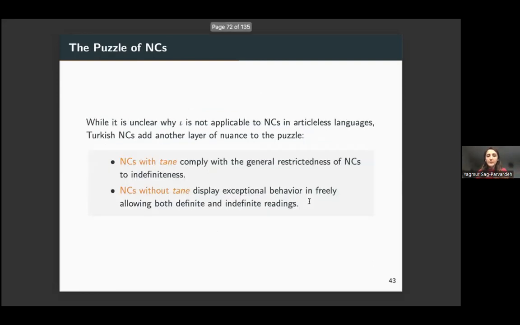So the point is that iota type shifting is not available to numeral constructions in articleless languages, although you expect it to be available. But on top of that problem, Turkish adds another layer to the puzzle. When we have Tane, we comply with this general restriction. They're only indefinite. But when you don't have Tane, numeral constructions can freely be definite without requiring the demonstrative, despite being compatible with it.